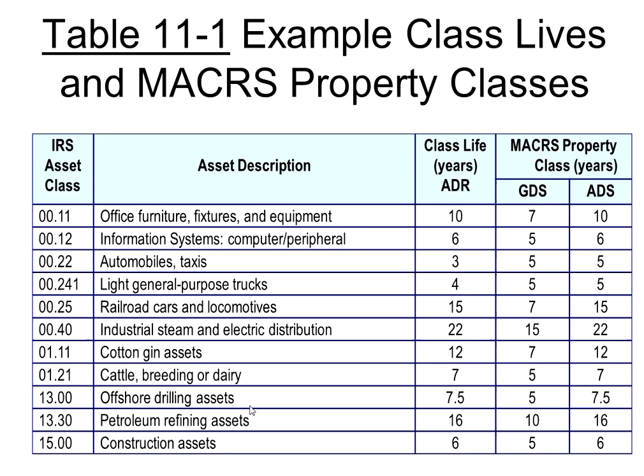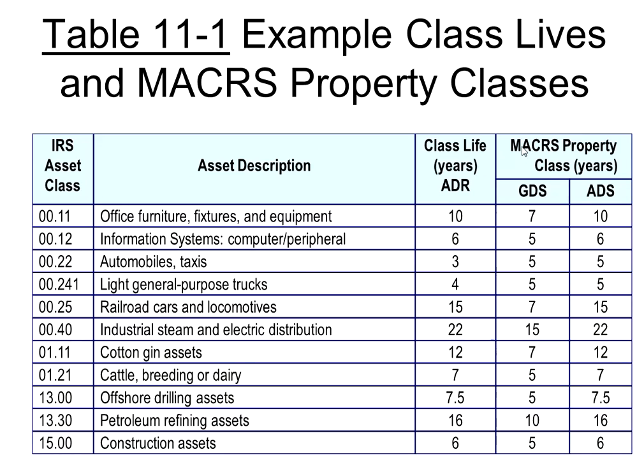So here you can see, for example, the asset description, and there's also an asset class. Office furniture, fixtures, and equipment is asset class 00.11, and more importantly, this class has a 10 year life under the ADR.